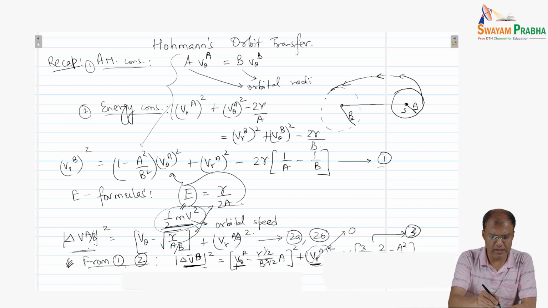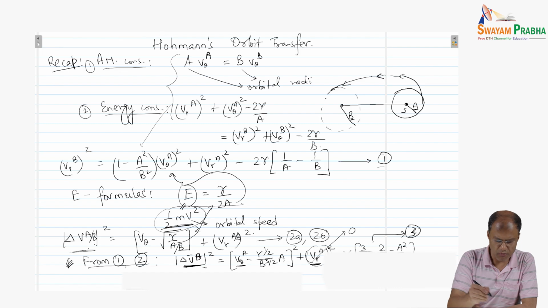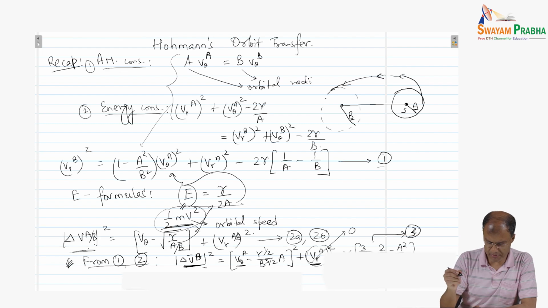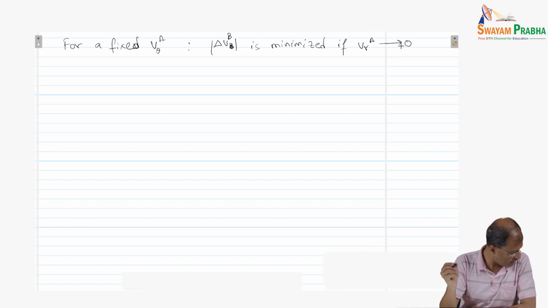So let me write down what I'm trying to say. For a fixed VA theta, delta VB is minimized if VR at A goes to 0, right?